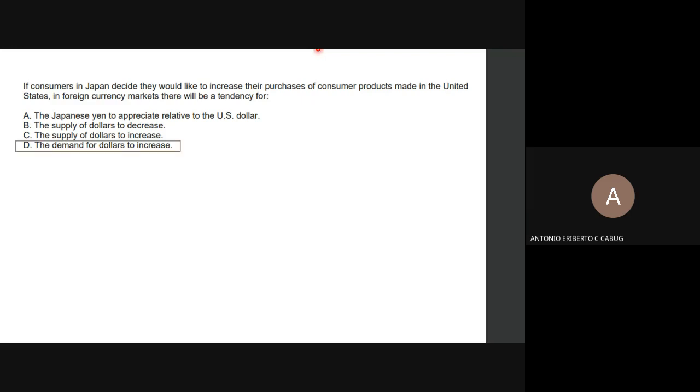The correct answer is letter D. And of course, we all know that when the demand for a currency increases, its value in the forex market will also increase. Answer is letter D.